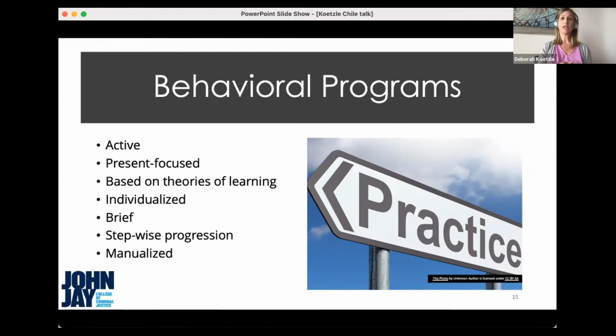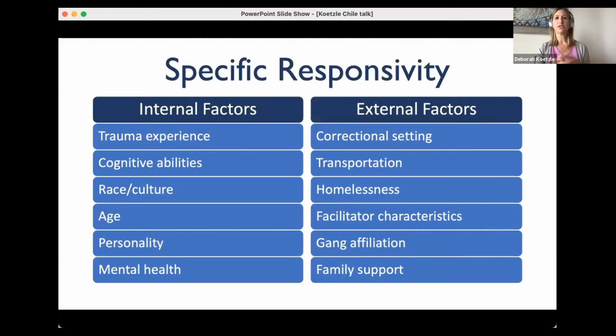And they tend to be manualized, which means that regardless of who the facilitator is, we're all providing the same type of service, the same intervention, assuming it's done with fidelity, which means it's not a luck of the draw on whether or not I get a really skilled therapist, right? All of my therapists should be skilled. They should all be trained on the curriculum in delivering the same type of intervention. And so this type of approach to treatment improves outcomes consistently. I'll show you a slide about that in just a second.